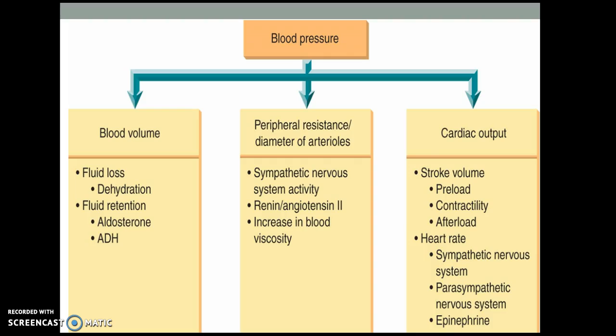Okay, afterload is the force the ventricles have to pump against, also known as systemic vascular resistance. Things that affect the heart rate are the sympathetic nervous system, the parasympathetic nervous system, and if anybody's gotten woozy and starts to what they call vagal down, you know all about your parasympathetic nervous system. And epinephrine. Epinephrine is this lovely thing that is your fight or flight response.